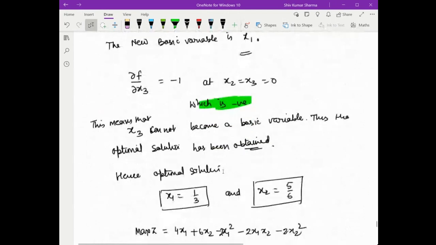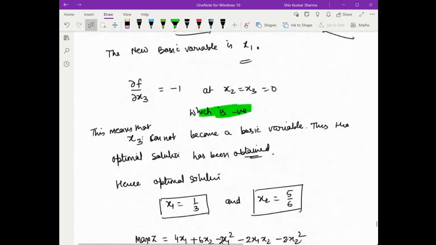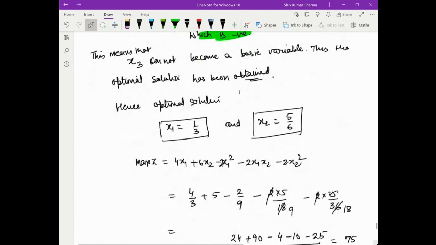Because it is negative, we cannot make x3 a basic variable. So the derivative plays an important role. On the basis of the derivative, we say that we cannot make this a basic variable.